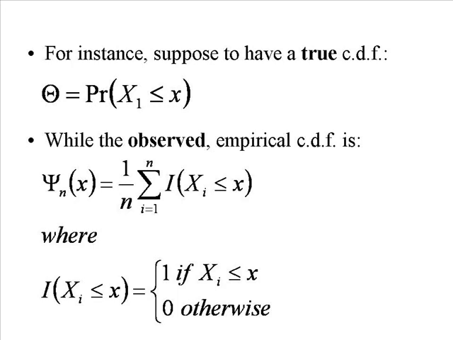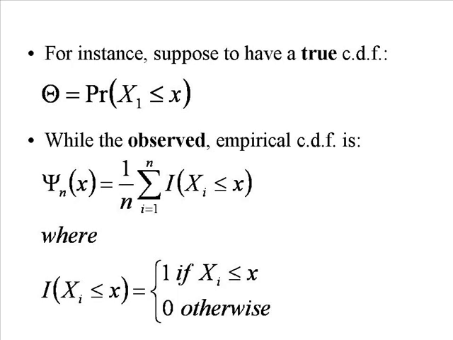So imagine a sequence of 1, 0, 1, 0, 1, 0, and since n is a number, the proportion of those events for which the indicator function assumes a value equal to 1 represents exactly the ratio, which is the estimator.